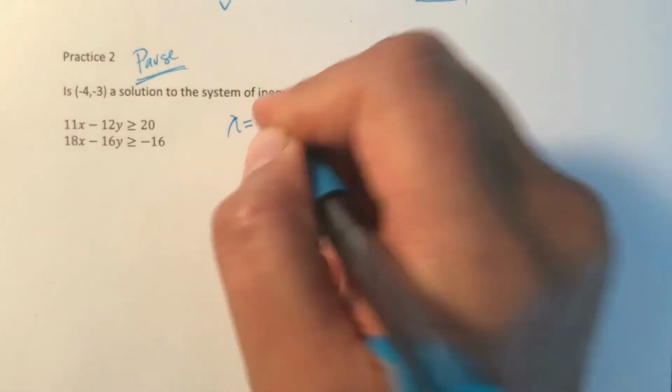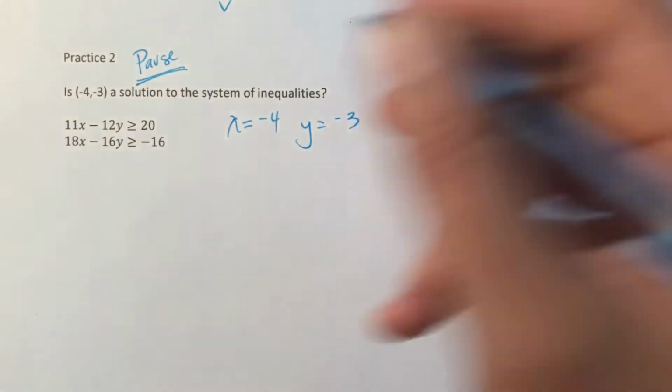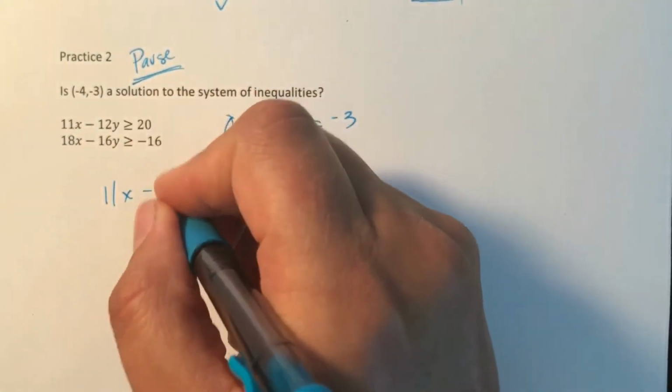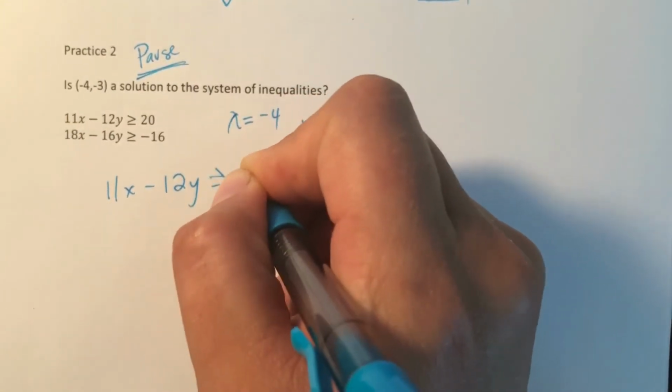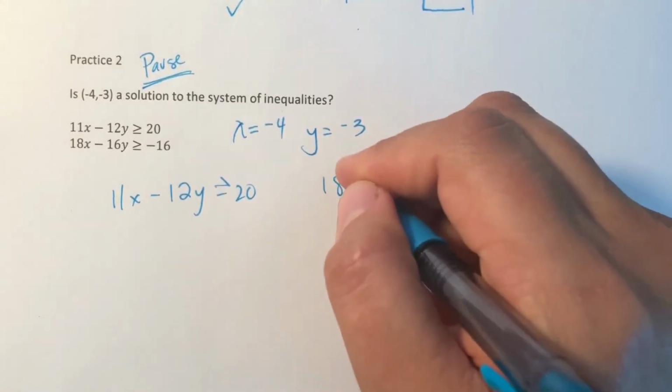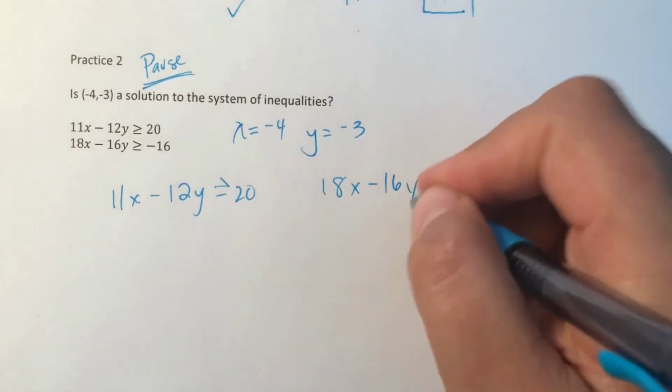So look at the bottom of the page and try practice problem 2 on your own. So go ahead and pause the video. So if x is negative 4 and y is negative 3, ooh, this is going to be some icky math. I'm just copying the equations.